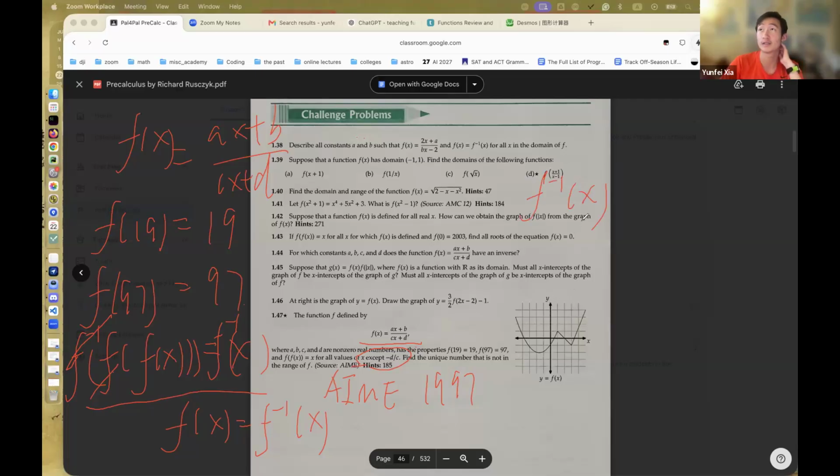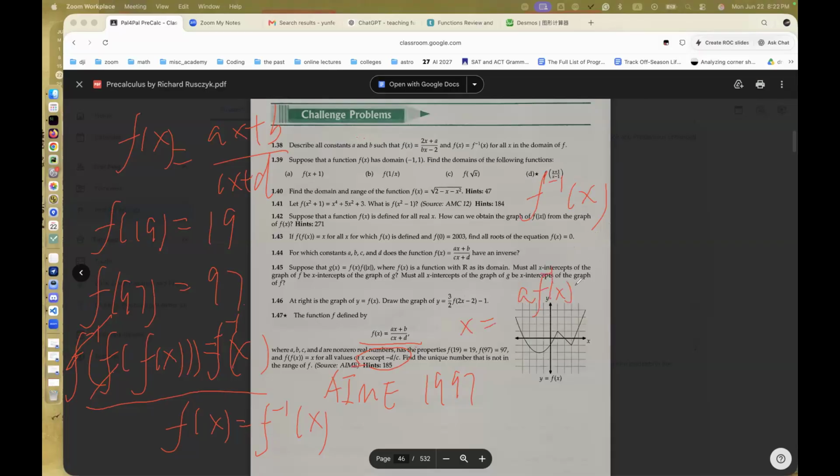And how exactly would one do that? We have learned this way, right? If we set f of x as x equal to a f inverse of x plus b over c f inverse of x plus d, and then solve for f inverse of x. Later, you find that it's dx minus b over a minus cx.